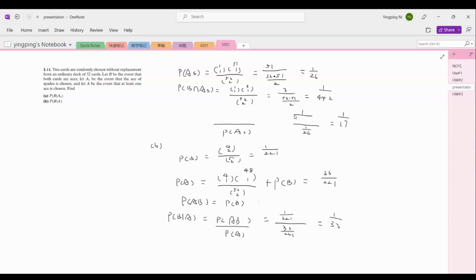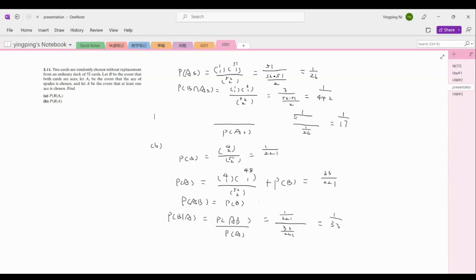Find P(B | AS) and P(B | A). For question A, the probability of event AS is 1 times 51 over the total, since there is only one ace of spades in a deck of cards, and we choose another card from the remaining 51 cards, which is equal to 1 over 26.